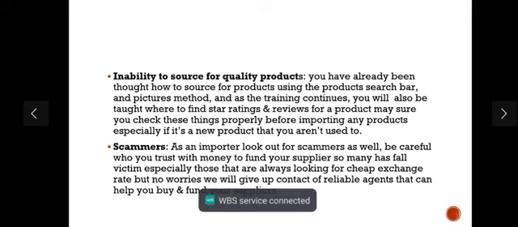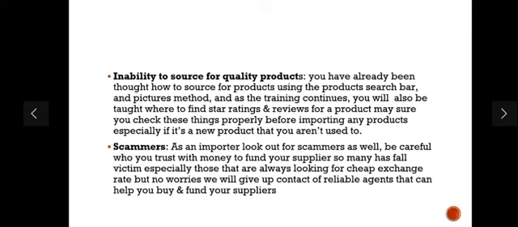Make sure you check these things properly before importing any product, especially if the product is new. Like I said, star rating and product reviews are things you use to ascertain the quality of a particular product or the genuineness of a particular shop in the 1688 app. These things are very important that you should take note of.